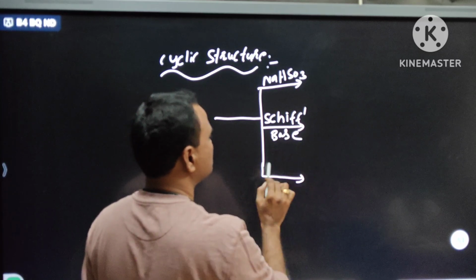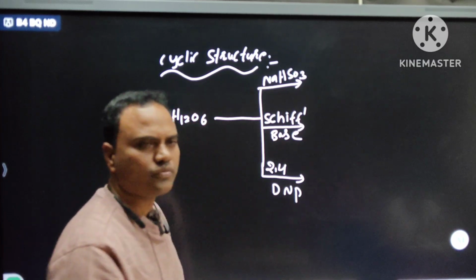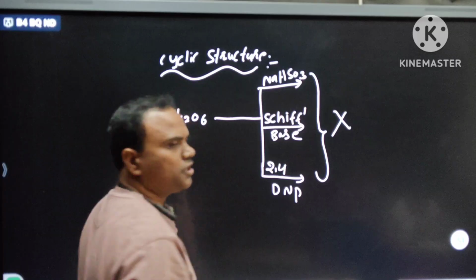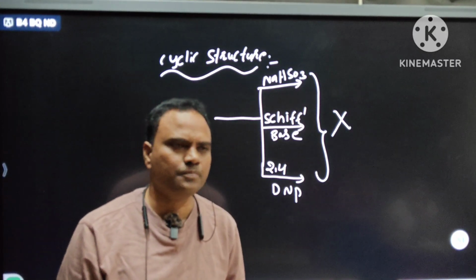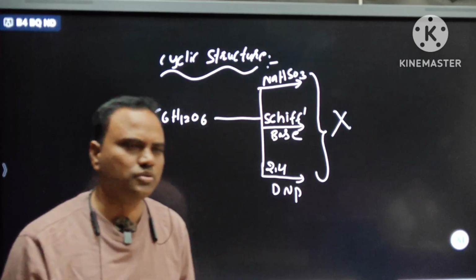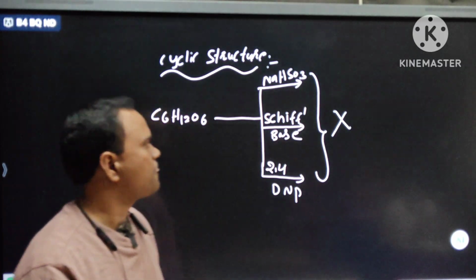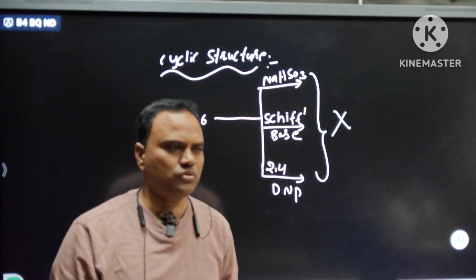Schiff's base, 2,4-DNP, 2,4-dinitrophenylhydrazine. Glucose does not give any product with these three reagents. Glucose does not react with Schiff's base, 2,4-DNP, or sodium bisulfite. This is the evidence for the cyclic structure of glucose.